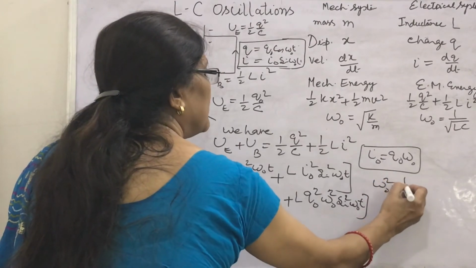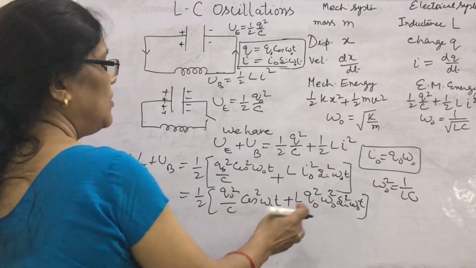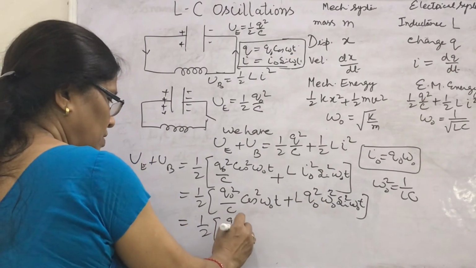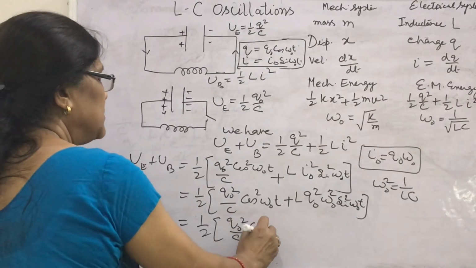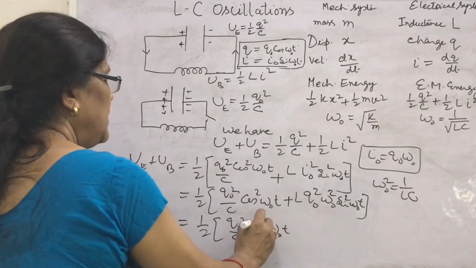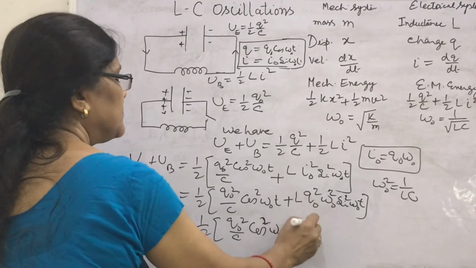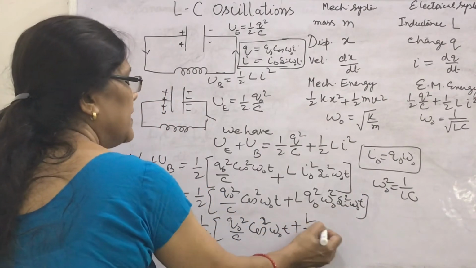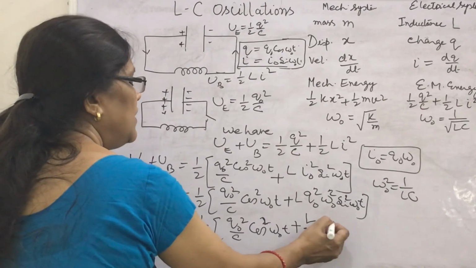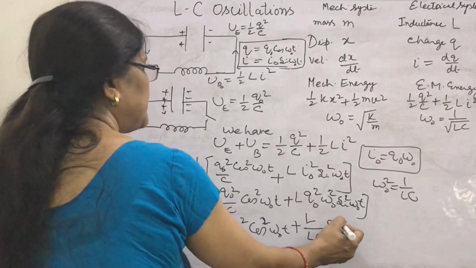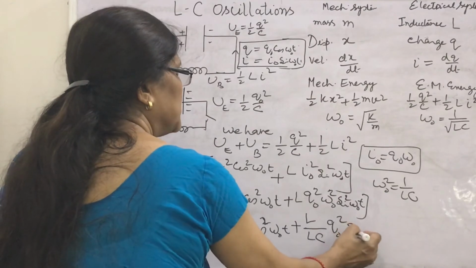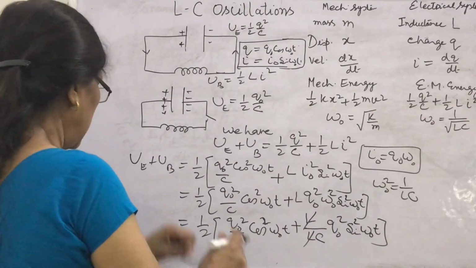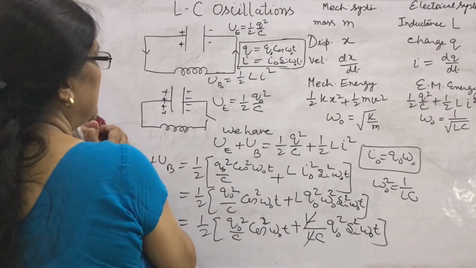Omega naught square will be 1 by LC. If you put that here, half of q naught square upon C cos square omega naught t plus L upon LC q naught square sin square omega naught t. This L and L will cancel.